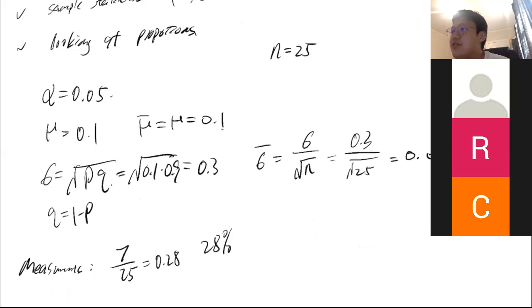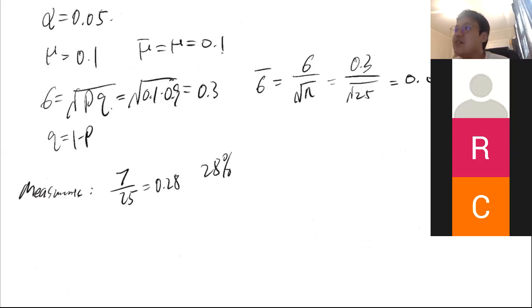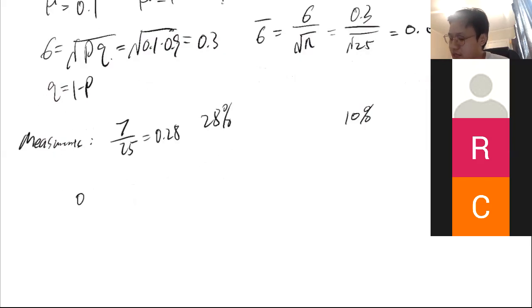That means 28% of the people who use the drug are affected, whereas the actual proportion is 10%. So we want to know if 28% is actually significant. The way we calculate that is with a z-score: 0.28 minus 0.1, this is mu x bar, divided by 0.06, this is sigma bar, which is 3.